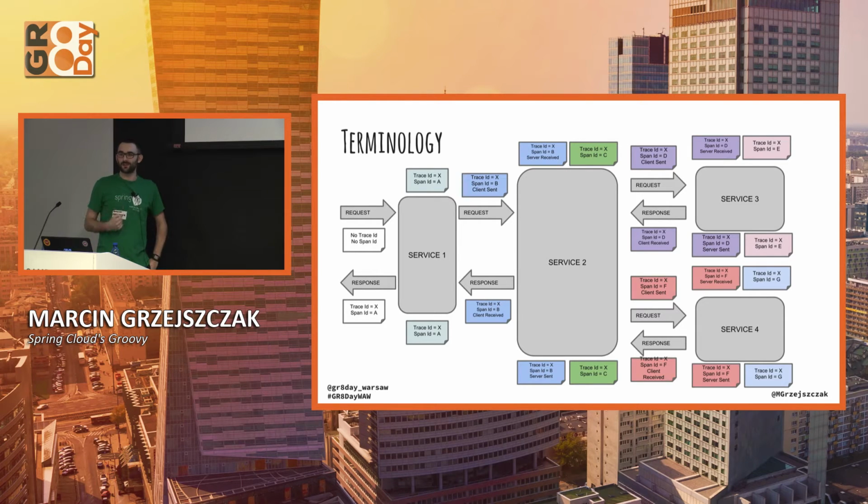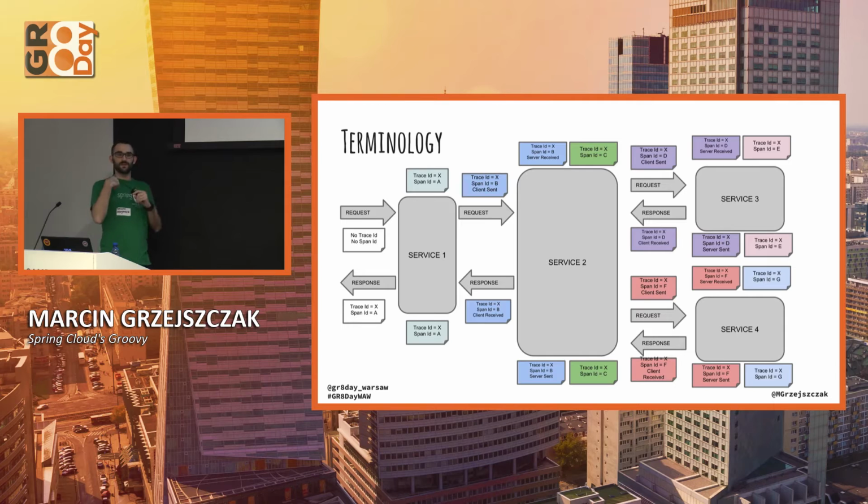So let's start coming back, right? Some operation has been finished, so span with ID E gets closed, it's finished, and here we have to close this part of span ID D. So server sent, it means we have to close the circuit. Client has sent, server has received, server has sent, and as you can imagine, we're going to have client received.